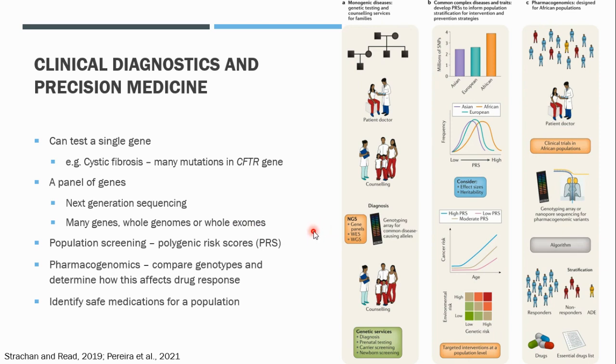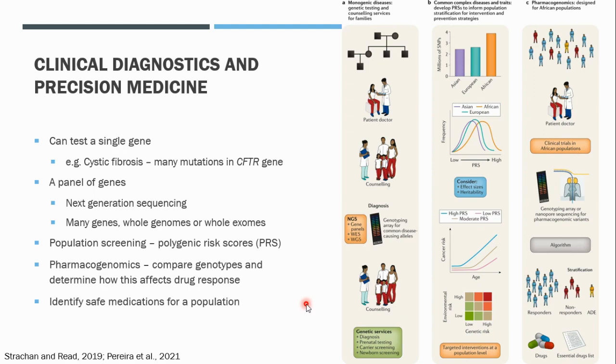Since we can now screen whole genomes and whole exomes, we can do pre-screening for risk factors or common disease-causing alleles, and this can be used in diagnosing disease. It can also be used for prenatal screening or newborn screening, and to determine if parents are carriers of certain factors that confer risk to certain genetic diseases.